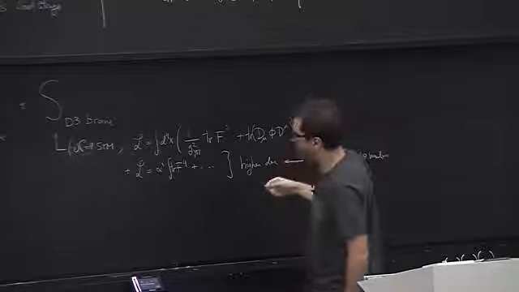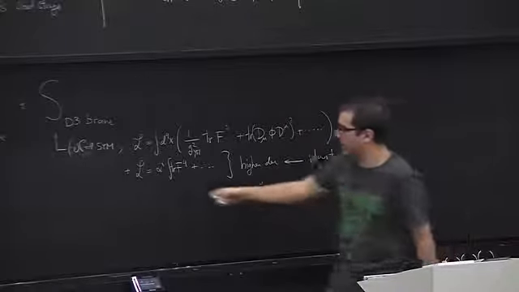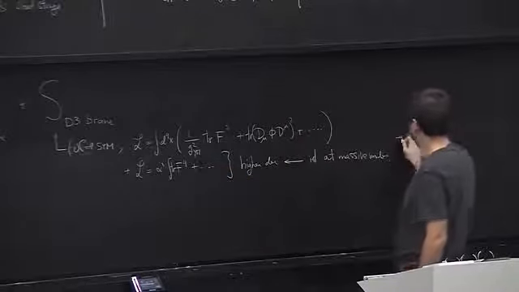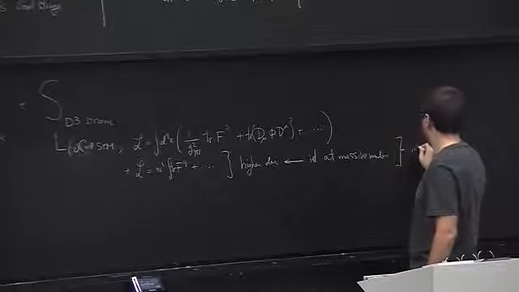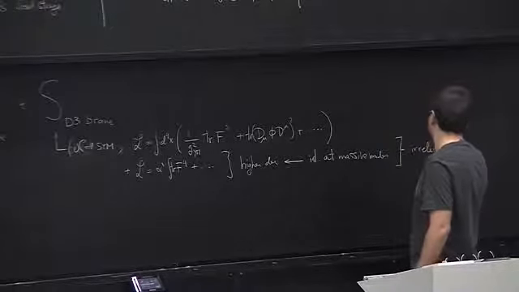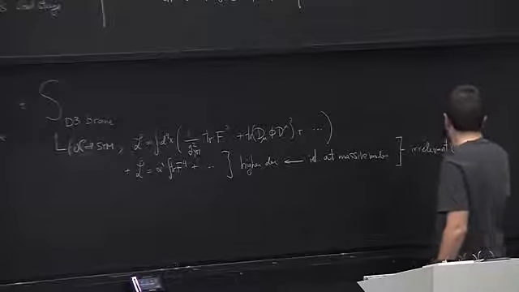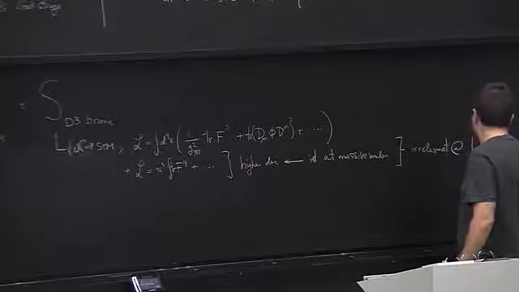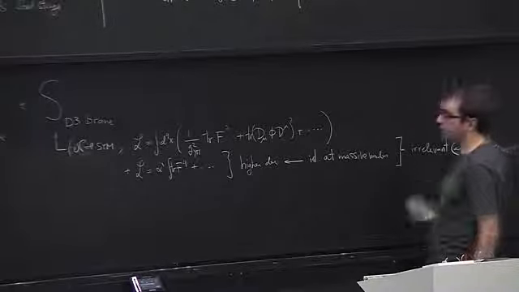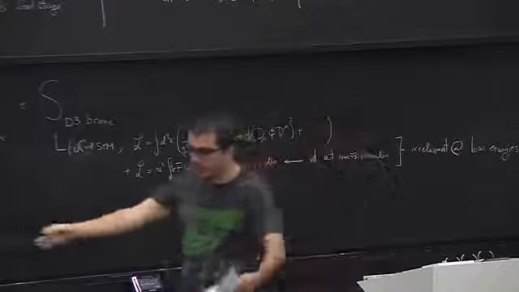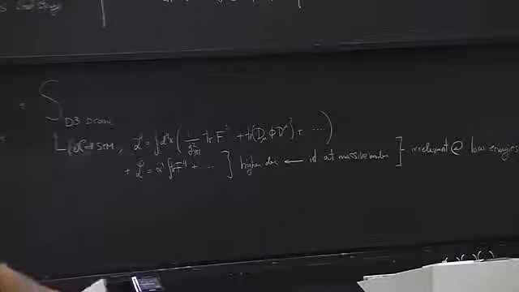So this is the effect of the massive modes. Again, alpha prime is dimensionful, and all this junk here is irrelevant at low energies. This is what we saw in lecture 1. As you go to very low energies, you just have a CFT given by your massless modes, which are Yang-Mills.